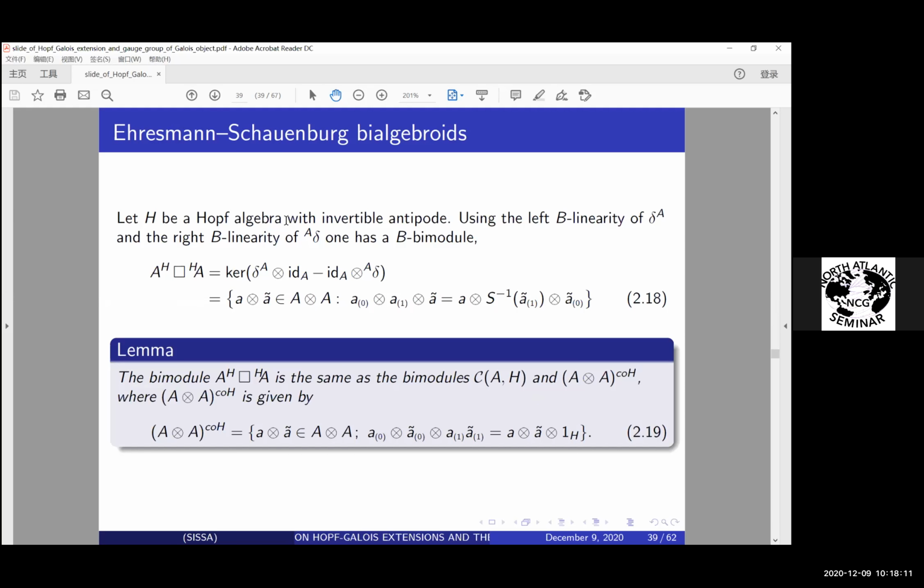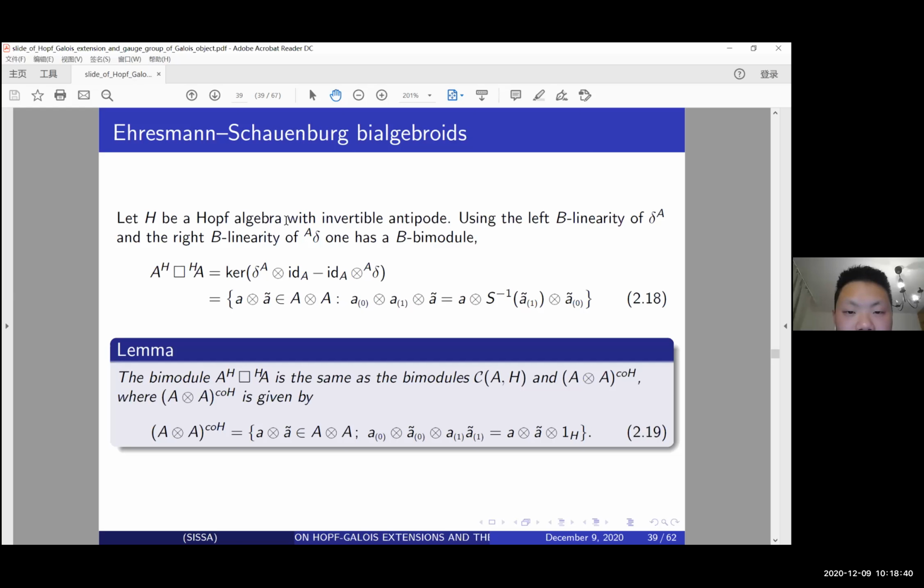But here in the Hopf-Galois setting, they are just bimodule maps over B. I mean, they're both left and right bilinear, because this is a Hopf algebra case. So just a small remark, because the way you put it, it seems like delta A is only left bilinear, and delta A with A on the left is only right bilinear. They're actually both B bilinear.